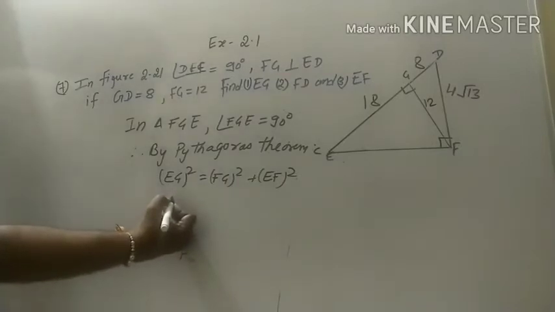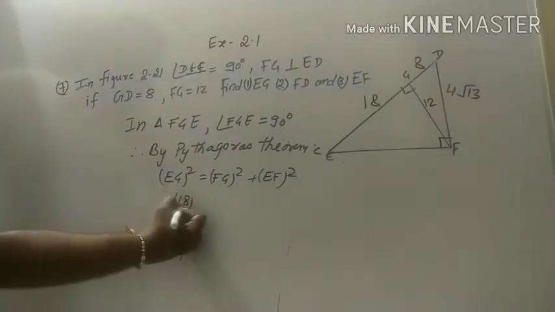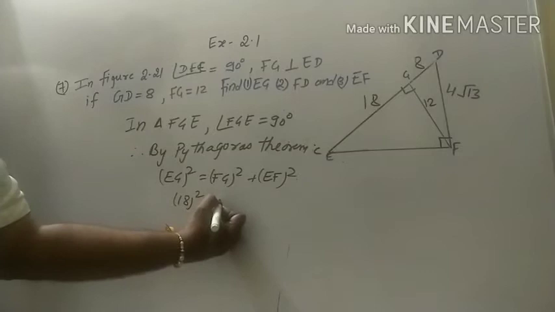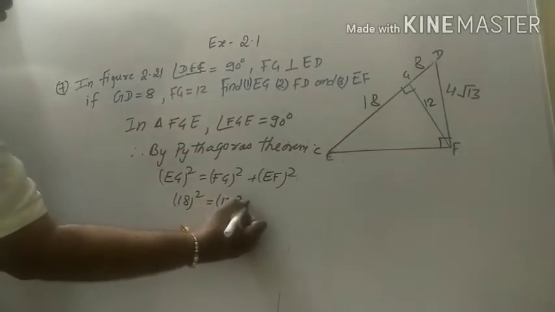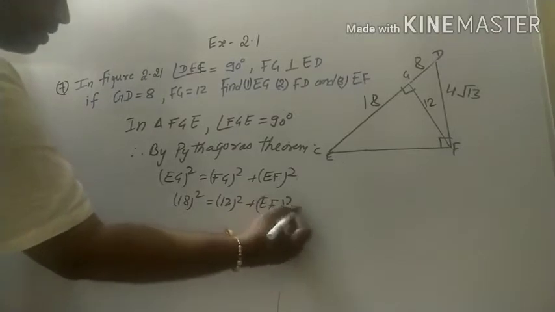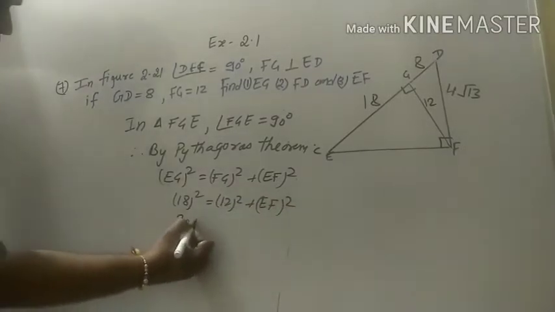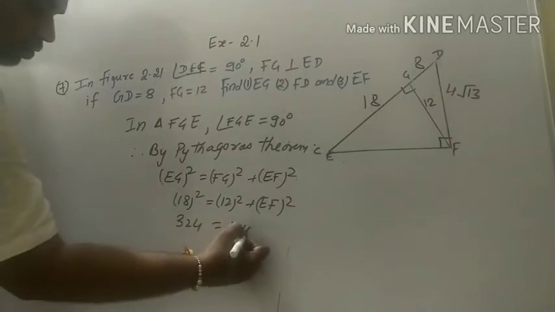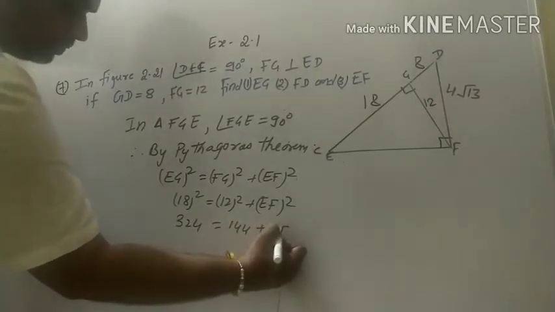EG is 18, so 18 square is equal to FG, which is 12, square plus EF square. 18 square is 324, so 324 equals 144 plus EF square.